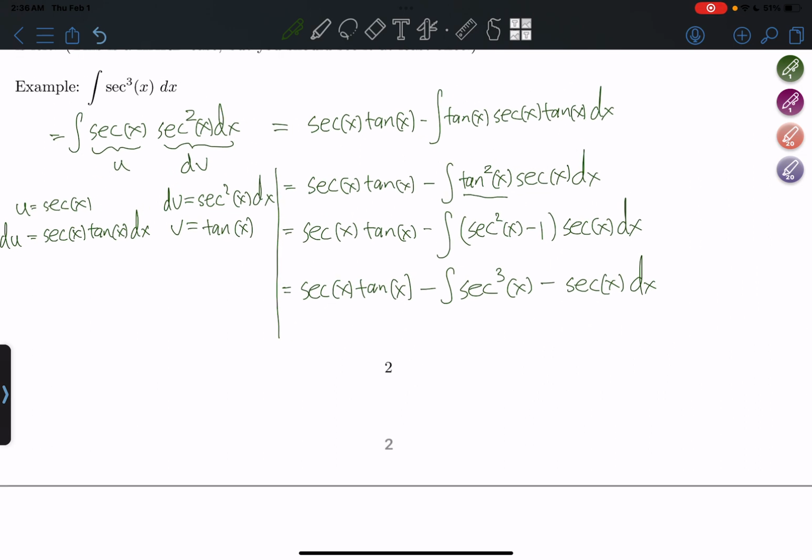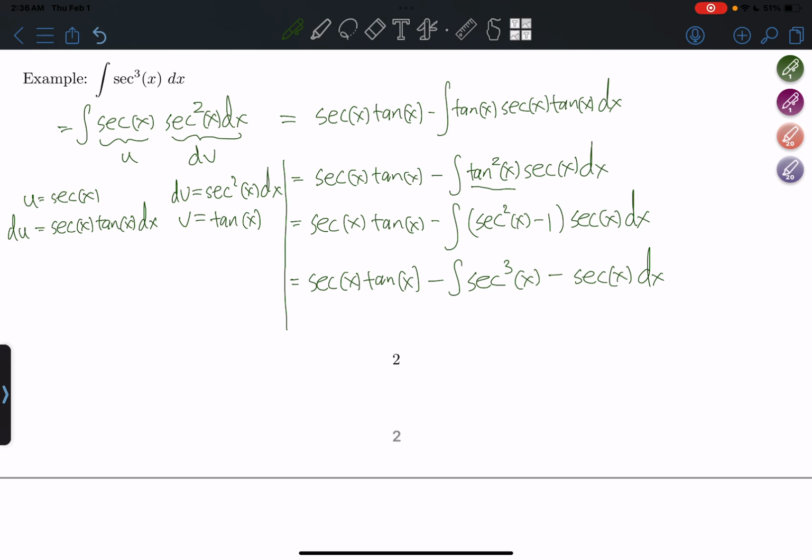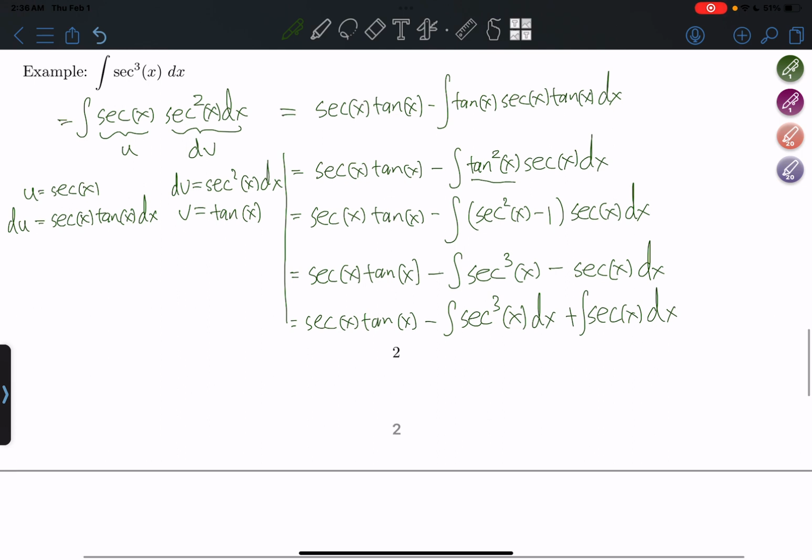What becomes a little bit interesting here, in case this is the first time you see this technique, is that if I break up that integral, I get the integral of secant cubed x dx plus the integral of secant x dx, because the double negative becomes a positive.